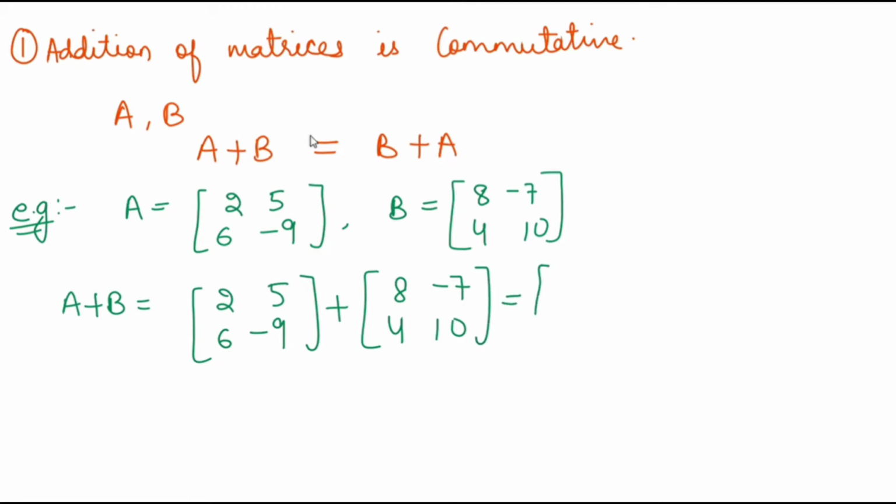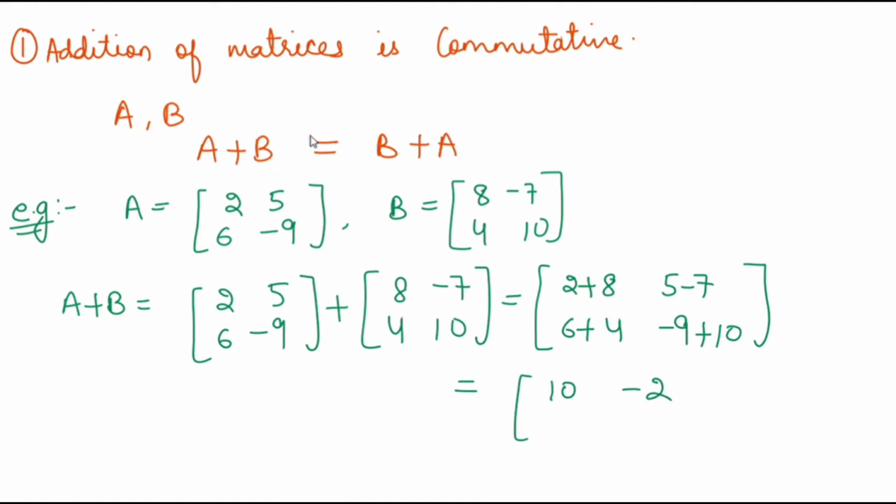Now we have 2 plus 8, 5 minus 7, 6 plus 4 and minus 9 plus 10. Solving this we get 10 minus 2 10 and 1. Okay, this is the matrix obtained by adding A plus B.